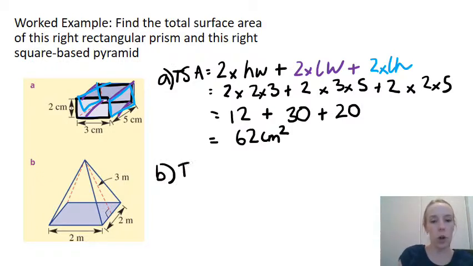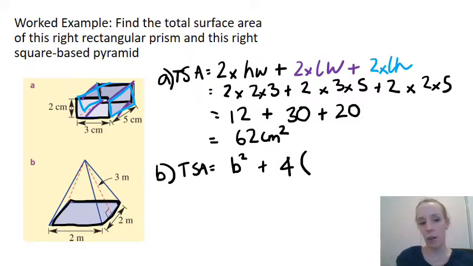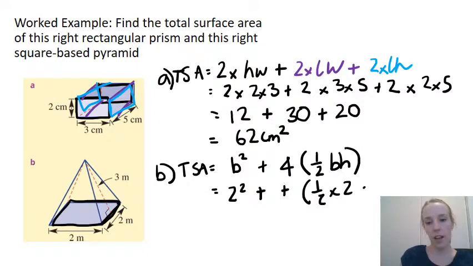For B, the total surface area of that square-based pyramid is the base squared, because it's a square so it's just side times side, plus 4 times the surface area of one of these triangles. The formula for a triangle is a half base times height. We can fill in our values. For our square-based pyramid, it's going to be 2 squared plus 4 times a half, the base is 2 and the height is 3.